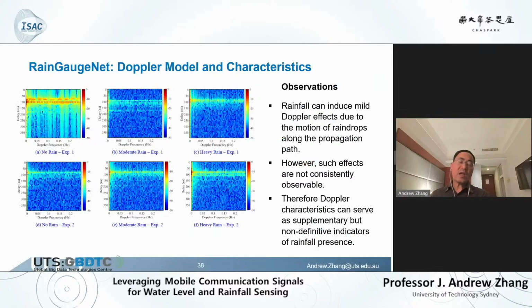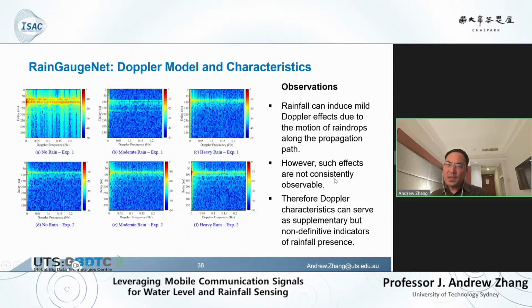In addition to characterizing the statistical performance of the received signal power metrics, they also did some analysis based on the Doppler model. Because their signals are continuously transmitted, they do not have the clock asynchronism issue in the system. So they just use the received signal directly and can realize the delay Doppler analysis, and get the heat map as shown here.